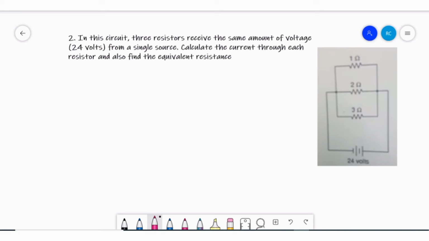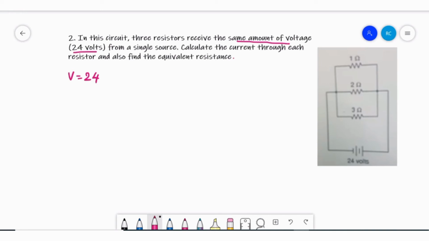three resistors receive the same amount of voltage, 24 volts, from a single source. Calculate the current through each resistor and also find the equivalent resistance. So in the question, it's given that three resistors receive the same voltage, which means potential difference. Voltage is the same, so V is equal to 24 volt for the entire circuit.